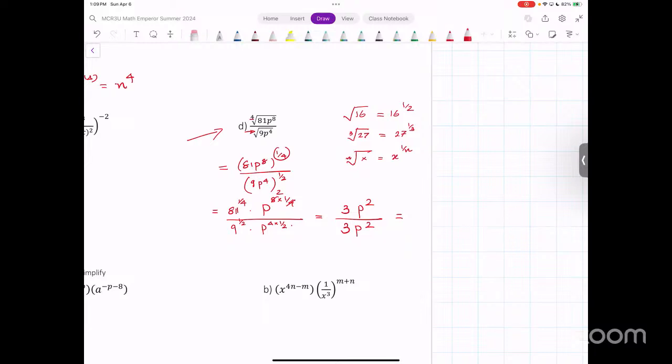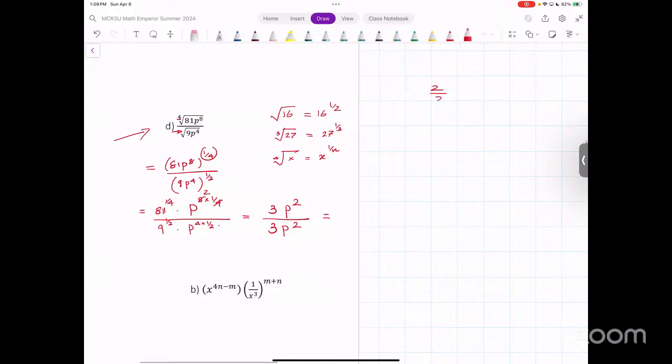Okay, what is 2 divided by 2? 4 divided by 4? 1. A divided by A? 1. 4A divided by 4A? 1. You have the same thing on the numerator divided by the same thing in the denominator.